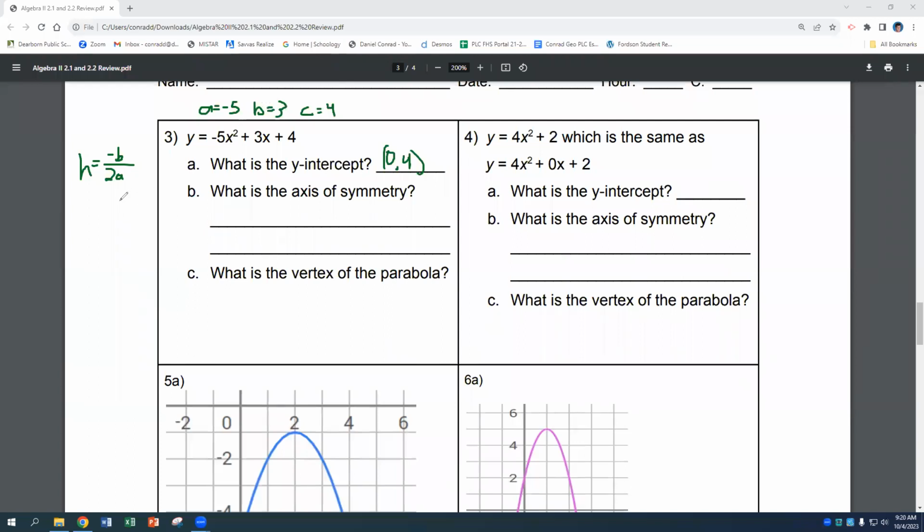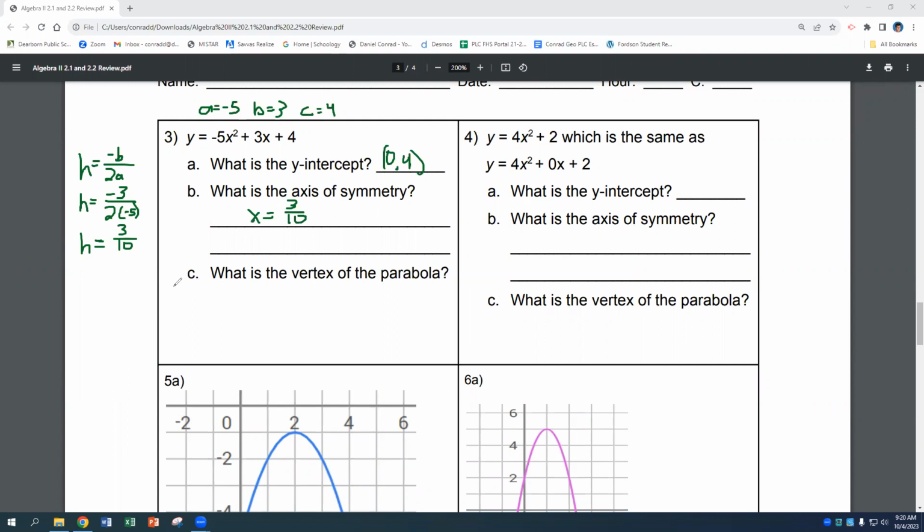All right, so opposite of b is going to be -3 over 2 times -5, which is going to give us -3 over -10, which is going to be +3 over +10. So our axis of symmetry is going to be x equals 3 over 10.